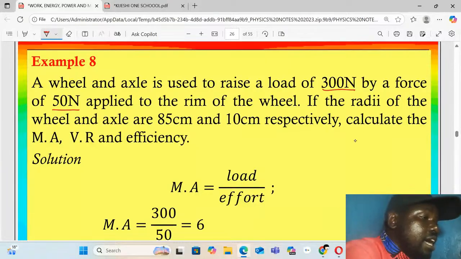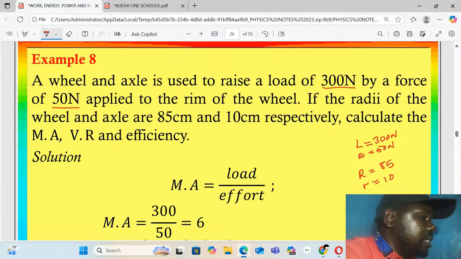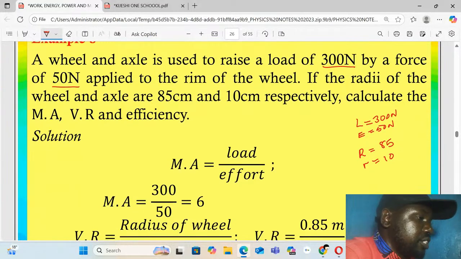So we have a load of 300 newtons and an effort of 50 newtons applied to the rim of the wheel. If the radius of the wheel and the axle are 85 and 10 respectively, calculate the mechanical advantage and the efficiency.